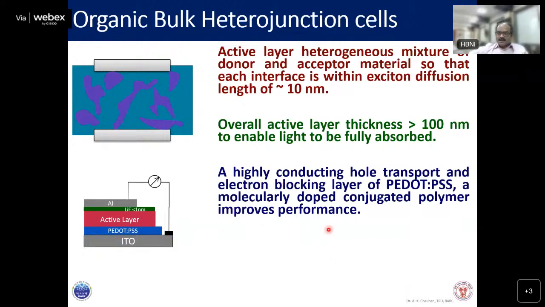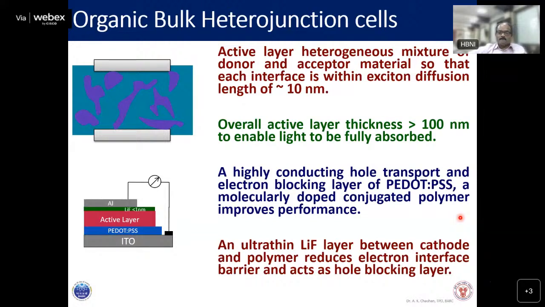Then a highly conducting hole transport and electron blocking layer of PEDOT:PSS. So this was a general organic solar cell. When you add a PEDOT:PSS layer or a hole transport layer and an electron transport layer, you can have an improved performance.